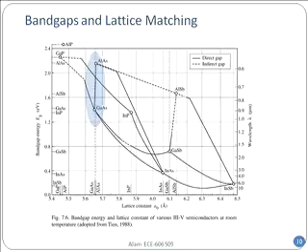Now, many times you would also like to use, let's say, indium phosphide. Do you see in the middle, indium phosphide is right in the middle with a lattice constant of maybe 5.9, a little less, and band gap of 1.3 or so. Now, in that case, if you want another material right underneath for the base, the right one would be a combination of indium arsenide and gallium arsenide.